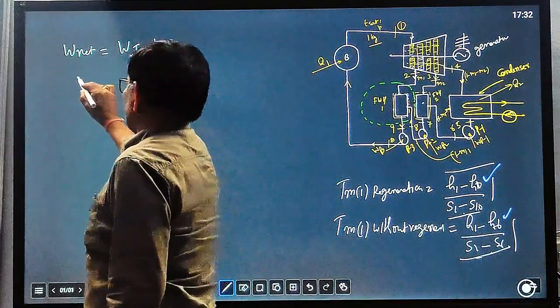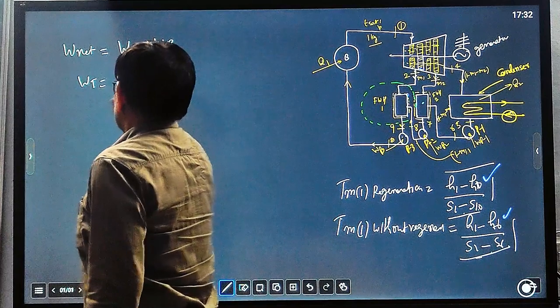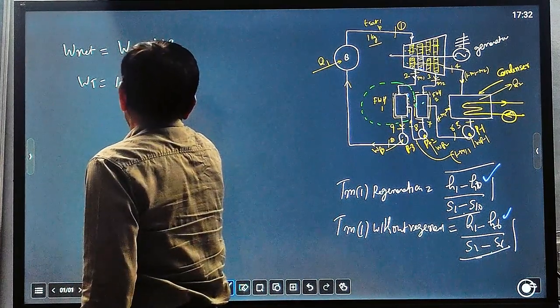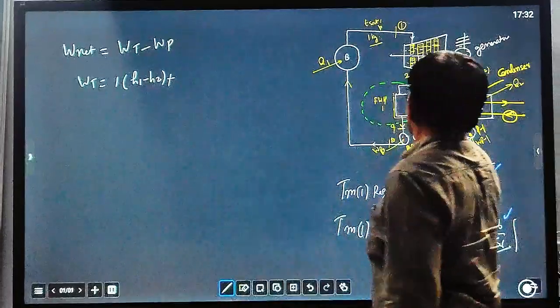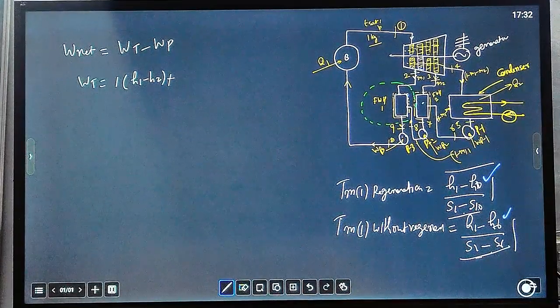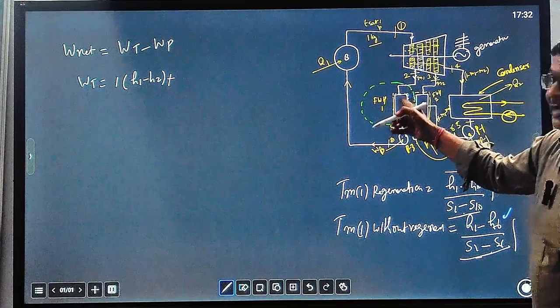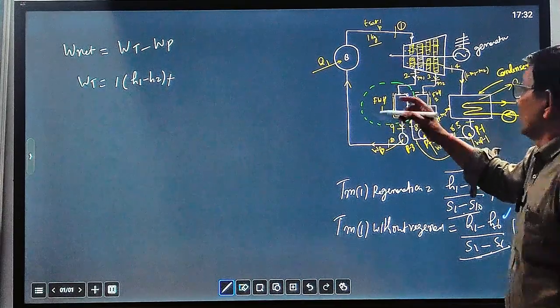So WT equals, in the first stage, 1 into H1 minus H2, and from stage 2 to 3 the quantity will be 1 minus M1, because M1 is taken back for the reheater regeneration.